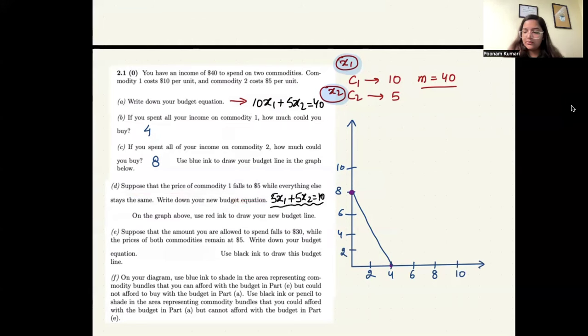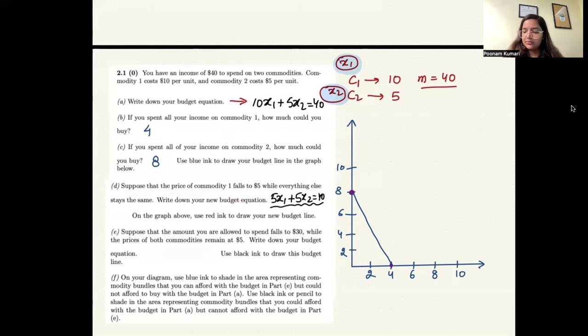ठीक है. फिर, ma'am, then we have to plot the graph as well. So the line will shift and it will tilt towards 8 on x1.